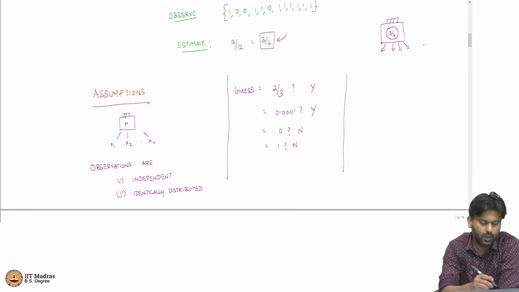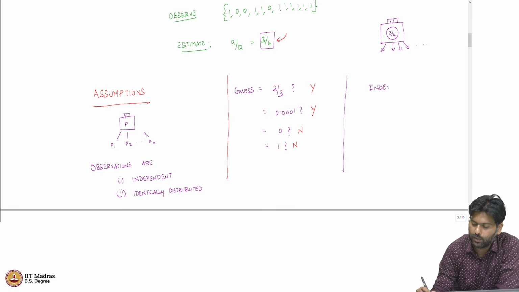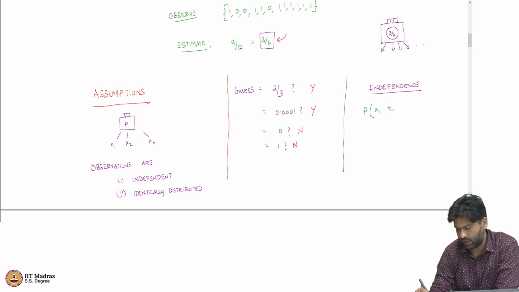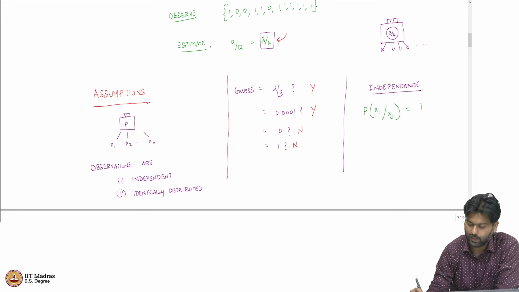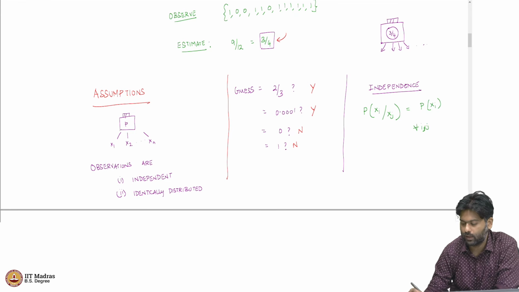So, what do these assumptions mean? Independence simply means, in this case, probabilistic independence, which means that the probability that xi takes some value given that xj takes some value is the same as the probability that xi takes that value, for all i not equal to j.